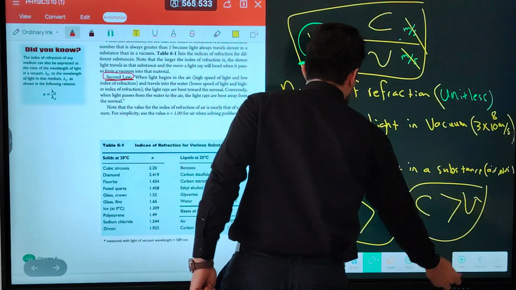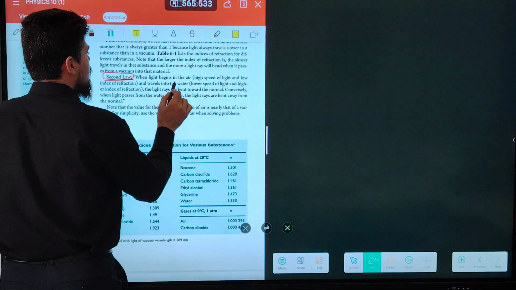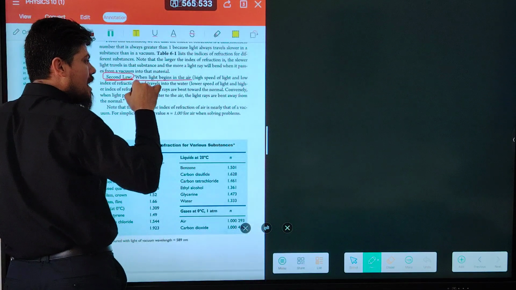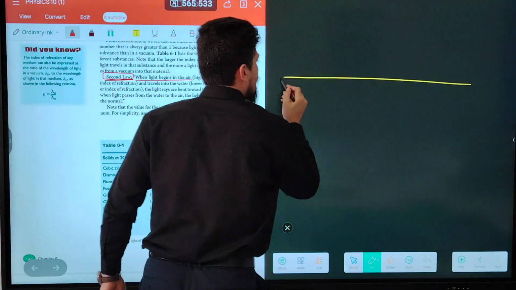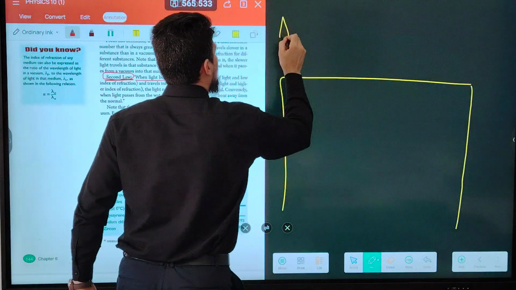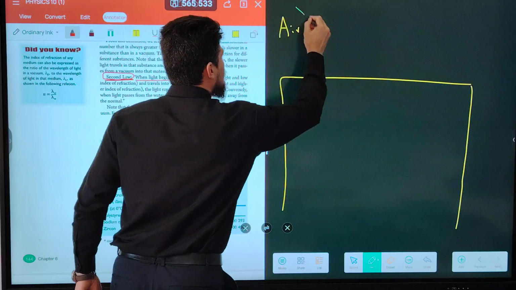In the second law, light begins in air. This is air, okay?